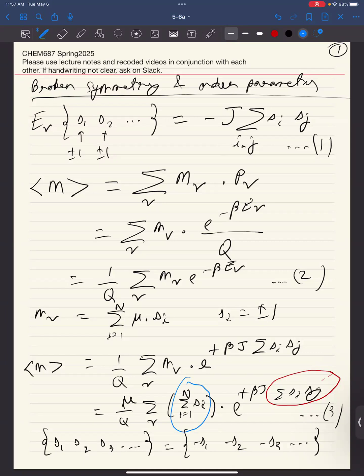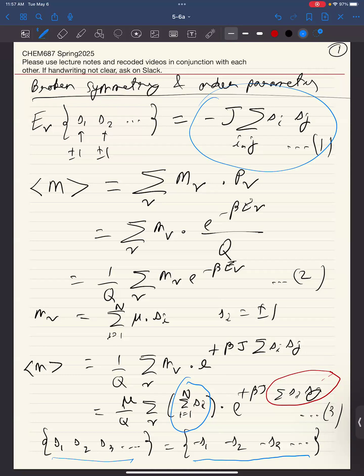This is telling us the average value of M should be 0, because any given spin configuration, if you flip it into its negative value, it has the same probability, right? The probability of this Hamiltonian stays the same. The energy of the microstate here does not change if you flip every spin.